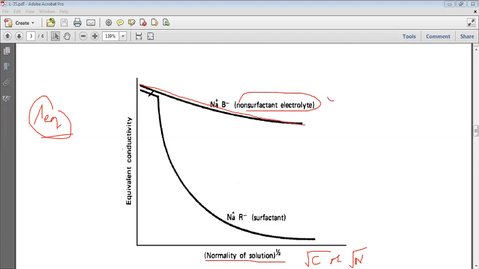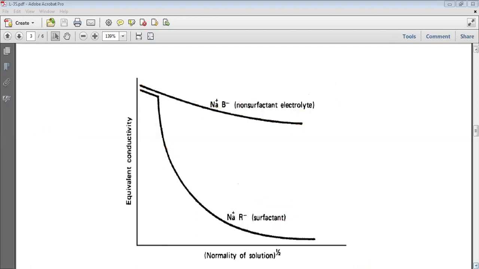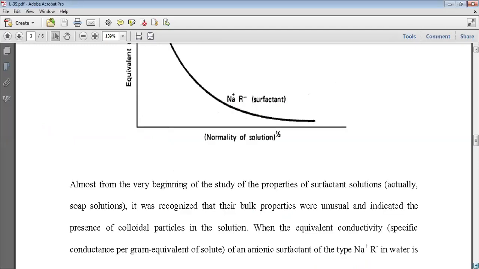Now, what happens for surfactants is that it first decreases up to a certain point, and then afterwards it decreases abruptly. The point at which this abrupt decrease in the equivalent conductivity occurs is called the CMC, or critical micelle concentration. You can also visualize this by the following graph.